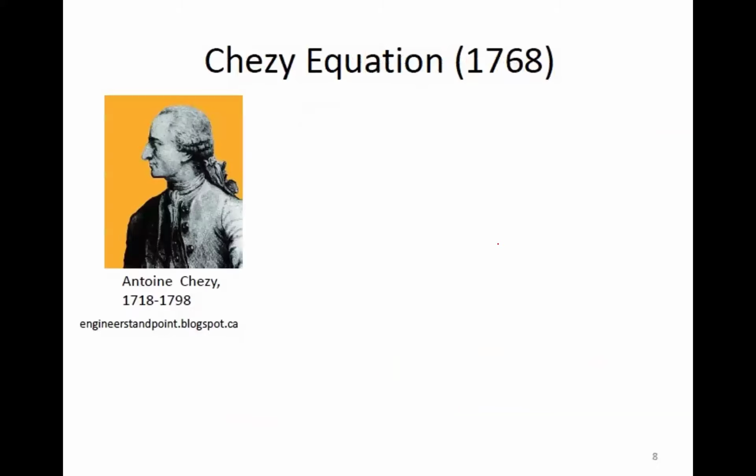A couple of people looked at this and tried to convert it to a more practical way. One of them is a French scientist, Chezy, in the 1700s, and he said, okay, let's look at the equation we saw. Tau is equal to, I'm going to use gamma R S naught.